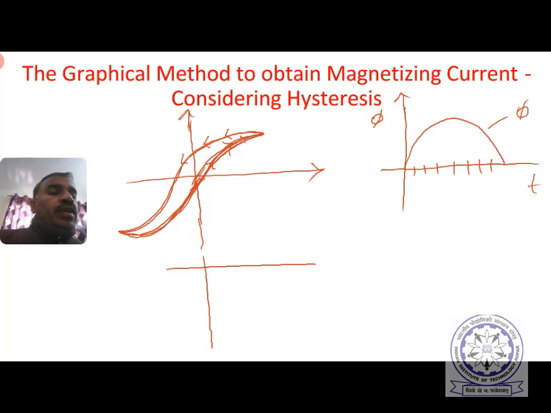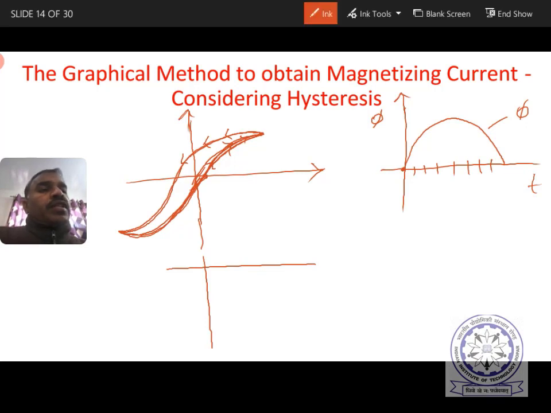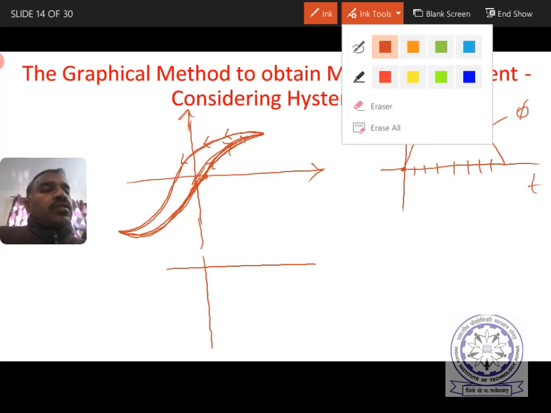So at time t equal to 0, flux is 0. The flux is going up now, right? In the sinusoidal portion, it is going up. Therefore, this point corresponds to this point. Let me use different ink.